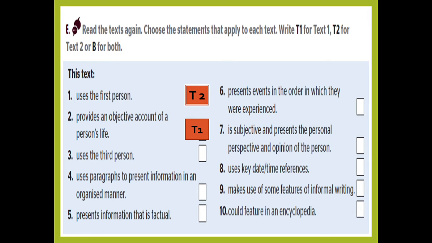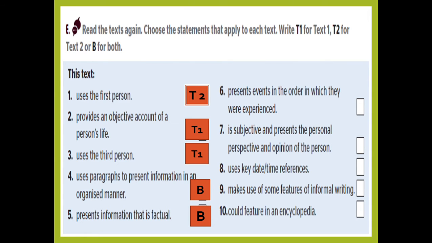It's text 1. 2. Uses paragraphs to present information in an organized manner. Both. Presents information that is factual. Both, too, because whether it is biographical or autobiographical, you give facts.